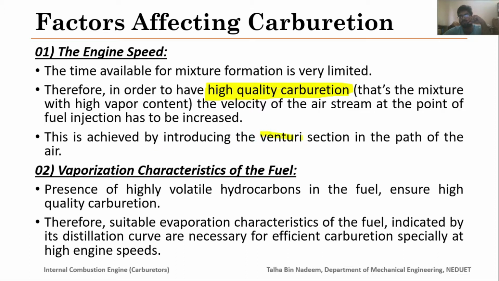I already told you that we will be incorporating a Venturi nozzle type section. In carburetors we basically have a converging diverging nozzle section. I will discuss these parts later in my lectures.